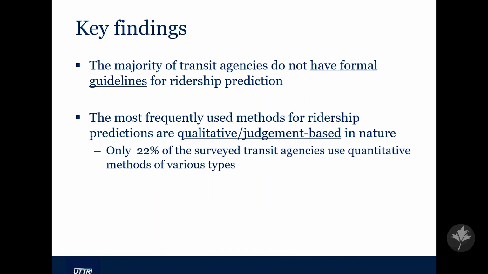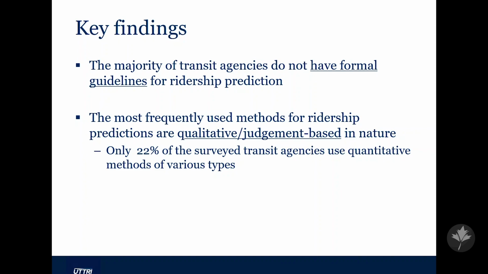Whenever ridership models are used, simple methods are used, qualitative and judgment-based methods, like elasticity-based methods or trendline analysis. More sophisticated 4-stage models were used for the assessment and planning of large-scale investments.